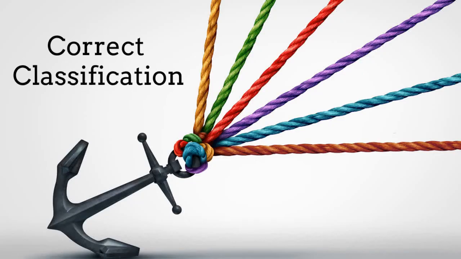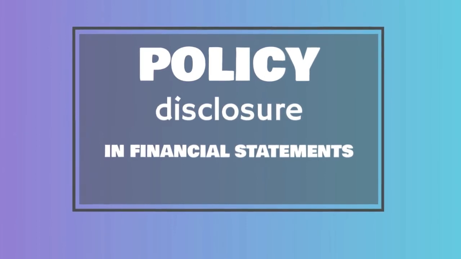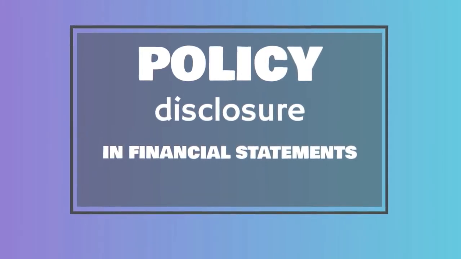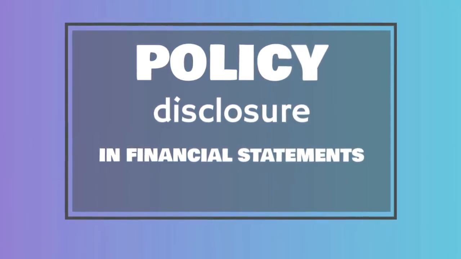You'll then check for disclosure, so ensuring that the cost, accumulated depreciation and net book value totals in a fixed asset register agree, and that when you're looking into the financial statements that they have been disclosed correctly. So for instance, the accumulated depreciation hasn't been labelled as cost or disposals or something else. And you would also check in terms of disclosure that the accounting policy that the client has put into place, for instance, straight line method or reducing balance method, that first off, they've noted that in the financial statements, so they've clearly said it's straight line or it's the reducing balance method.